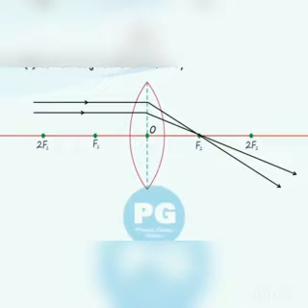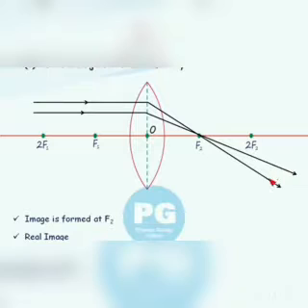After getting refracted, these rays will pass through the focus point, and these two rays meet at a point in the F2. So the image is formed at F2, and when we keep a screen here, you can obtain the image here at the point F2. So the image is formed at F2, and it is a real image, inverted image, and highly diminished image.